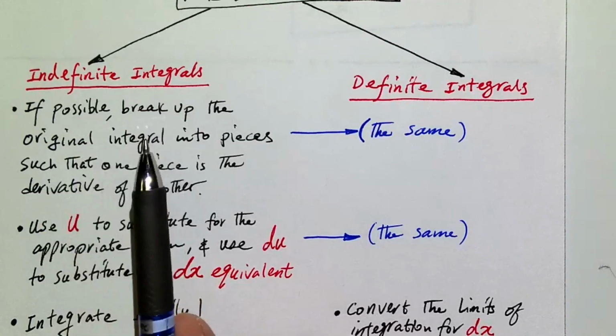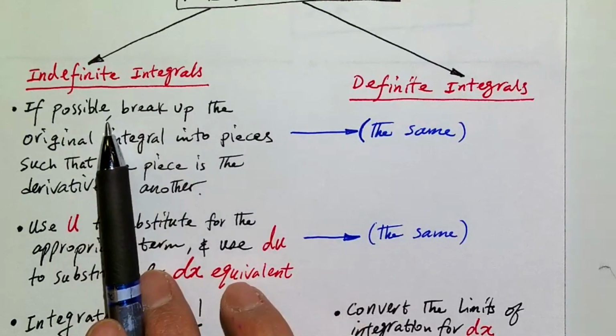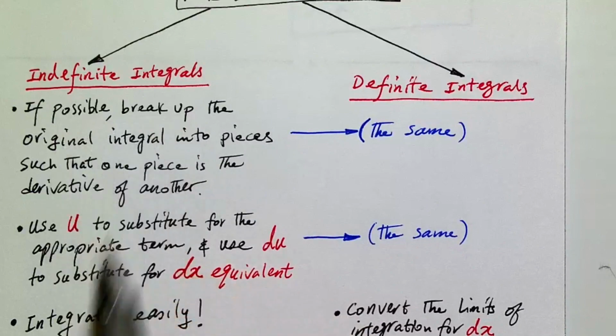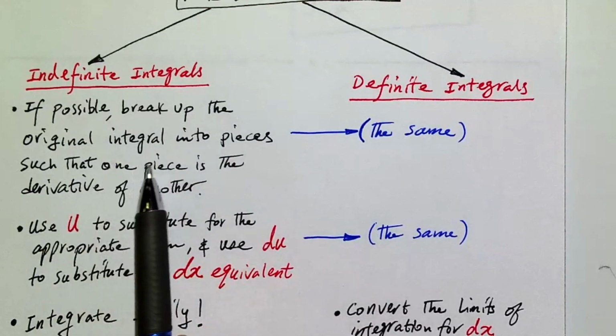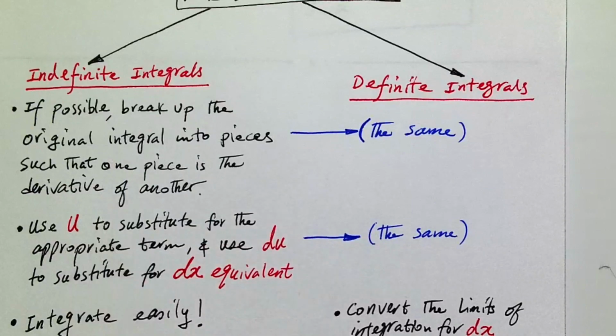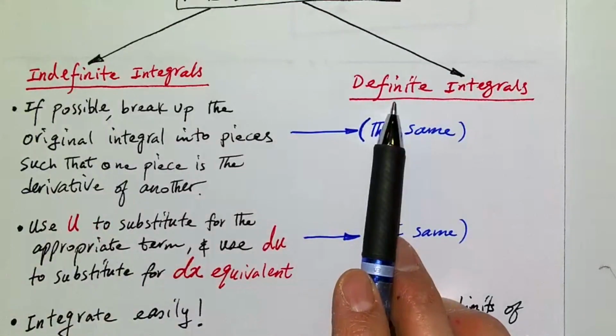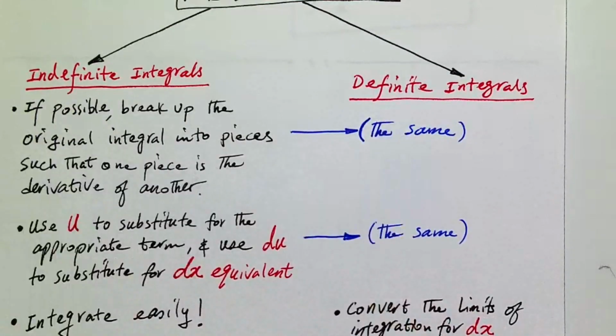When we want to use the substitution rule, we assume that it's possible to write one piece of the integral in terms of the derivative of the other piece. If that's possible, then this method will apply. So whether we're integrating an indefinite integral or a definite integral, we have to do that part.